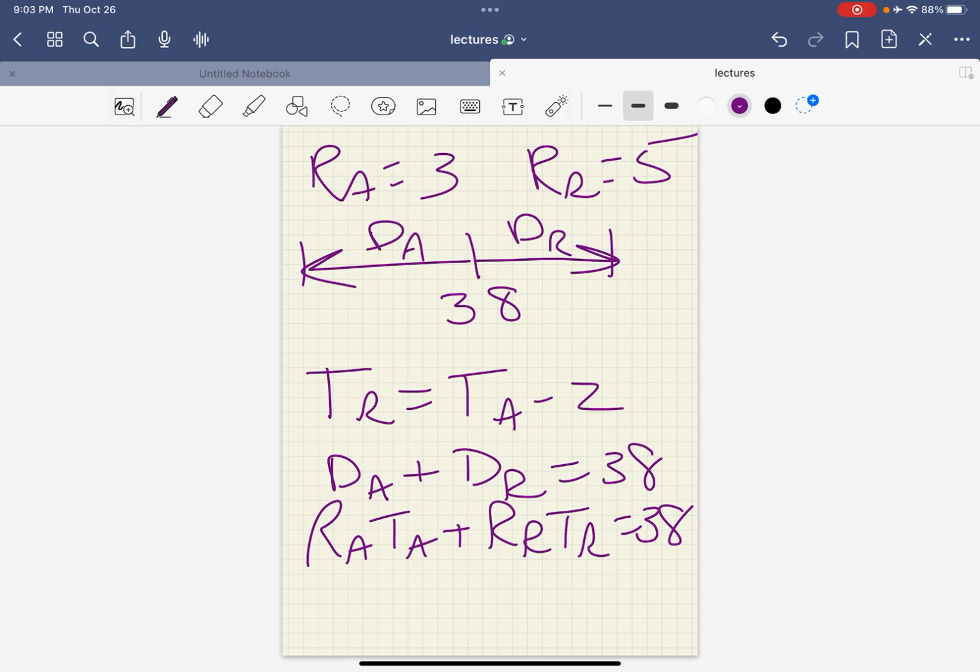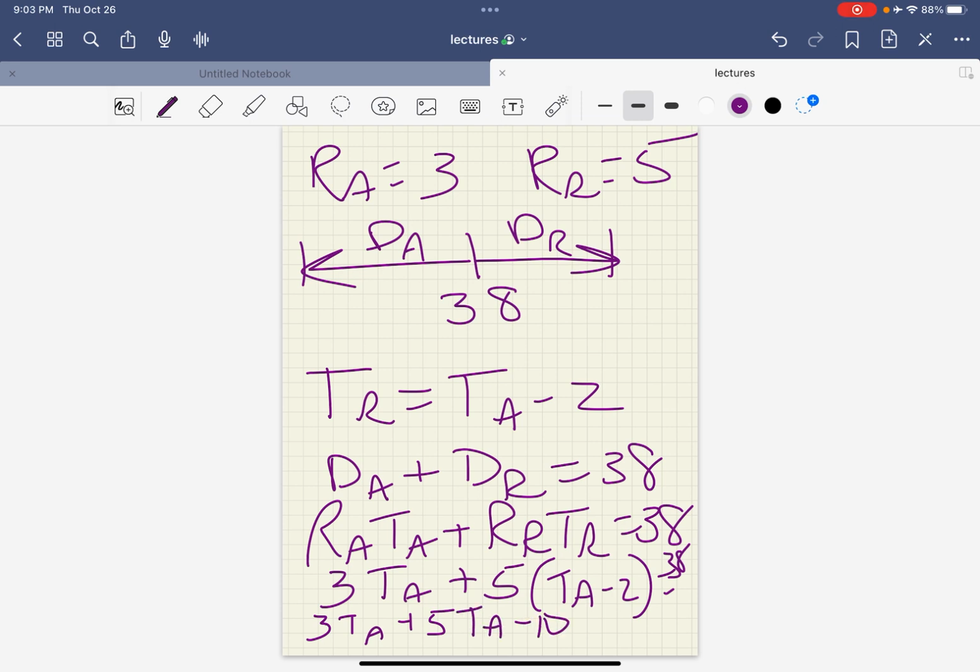So let's see, this is 3, can leave TA alone, plus 5 times TA minus 2 equals 38. So then 3TA plus 5TA minus 10 equals 38.